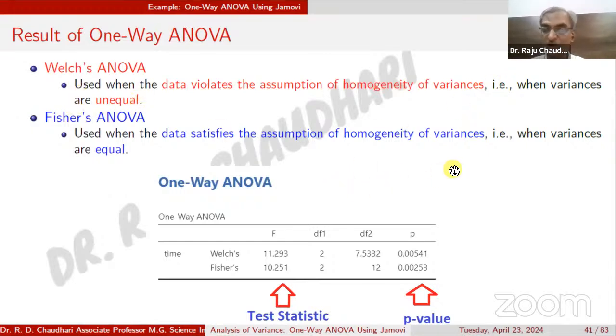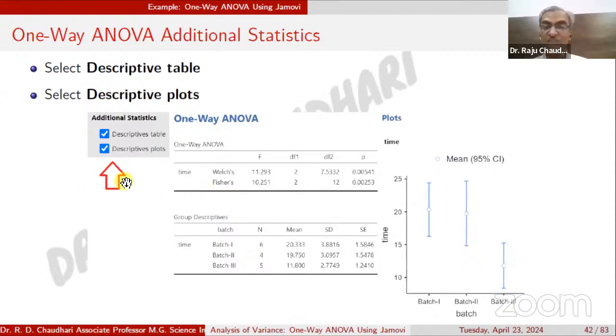If the variabilities are approximately equal, go for Fisher ANOVA. So Jamovi gives you both outputs, but it is your role to choose which one is suitable depending upon the assumption, right?